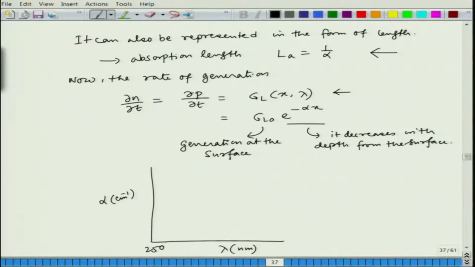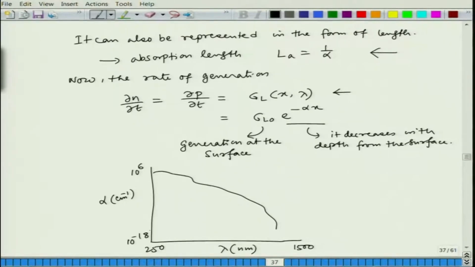For the typical range of solar radiation, which is between 250 to 1500 nanometer, you will see that this is of course a schematic value. You will see that the value changes very significantly.